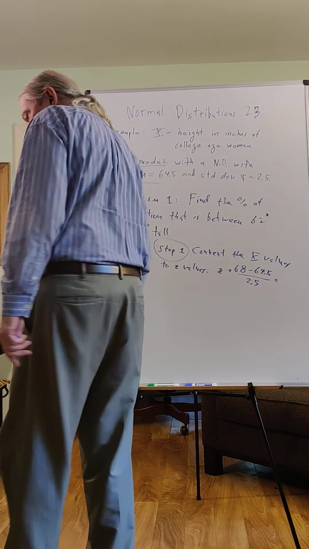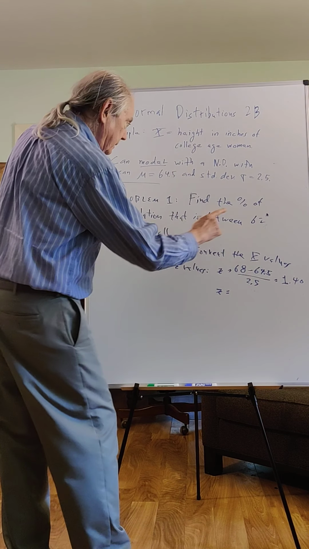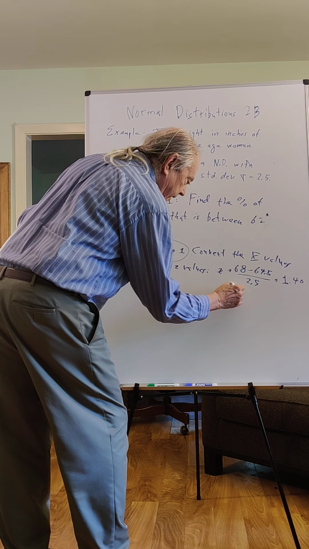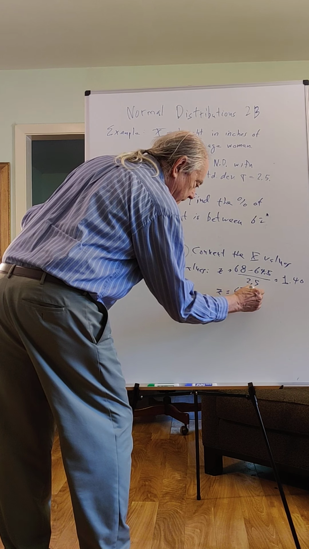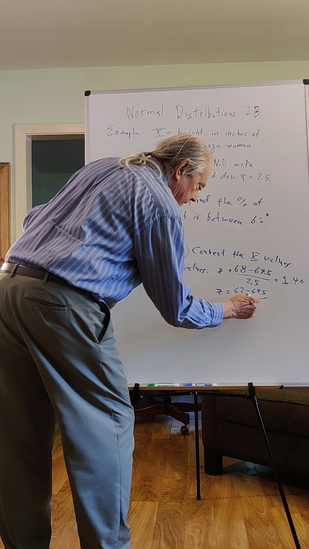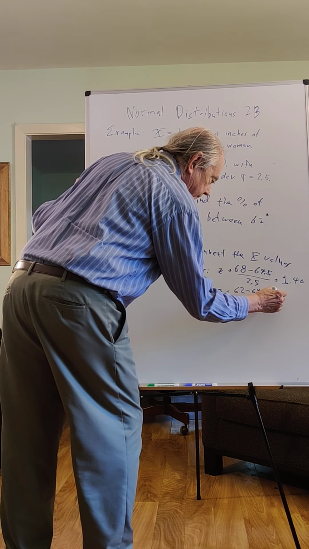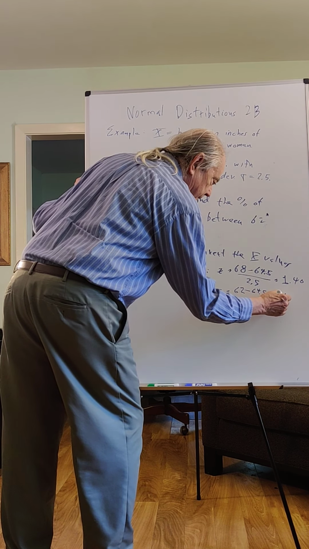So that's 3.5 over 2.5, which is 1.4. And the other z value we already had, I showed it earlier. 62 minus 64 and a half over 2 and a half is negative 1. Okay, so our z-values are negative 1 and positive 1.4.